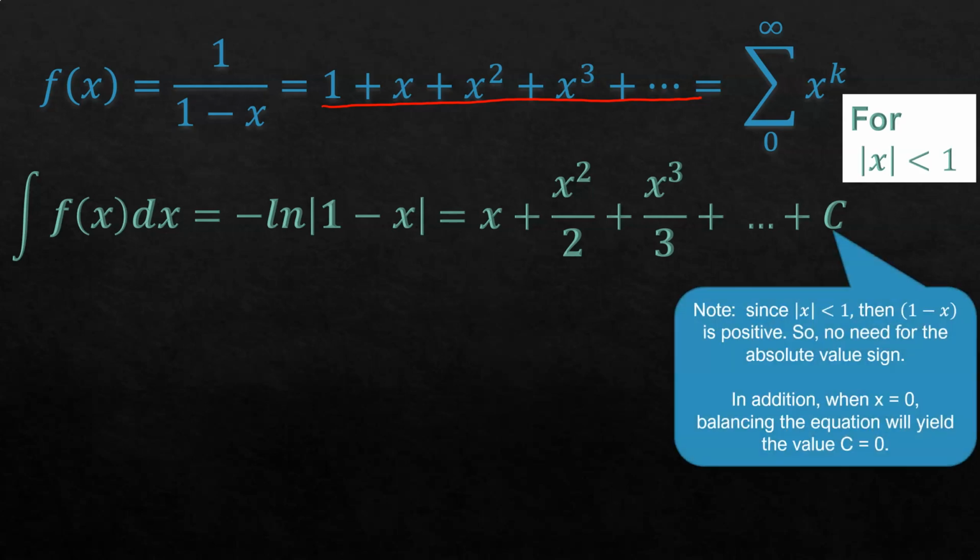We know that since x is in between -1 and 1, then 1 minus x is going to be a positive number. So really, we no longer need the absolute value, right? And also, when x is 0, you will have negative ln of 1 on the left-hand side, and on the right-hand side, you will just have c, because all of these are 0, right?